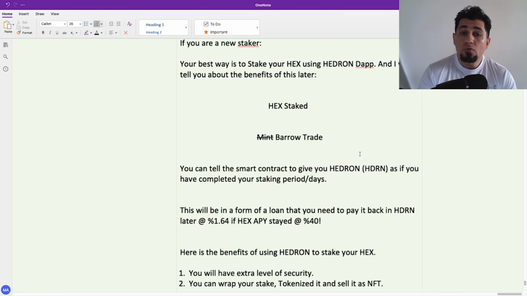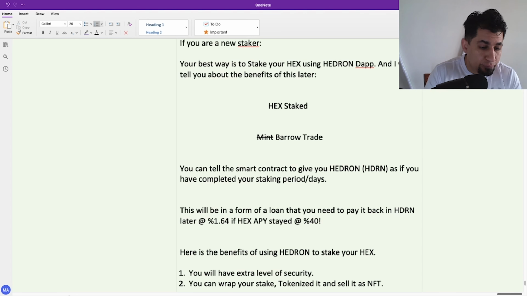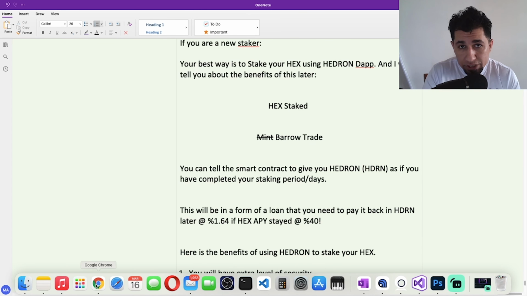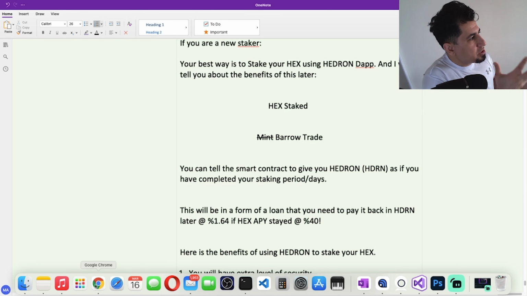You can also wrap your stake, tokenize it, and sell it as an NFT. Yes, you can do that. And if you are not familiar with this, let me show you one of what we call financial NFTs. NFTs that have to do with staking, been tokenized and sold as an NFT.